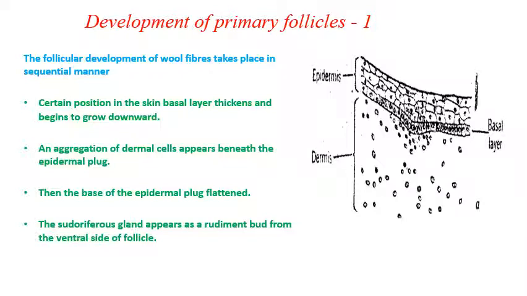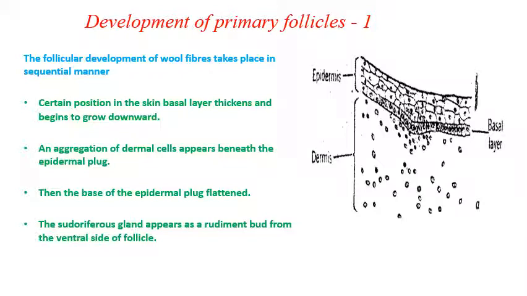The follicular development of wool fibers takes place in a sequential manner. A certain position in the skin basal layer thickens and begins to grow downward, as you can see in the picture. An aggregation of dermal cells appears beneath the epidermal plug.